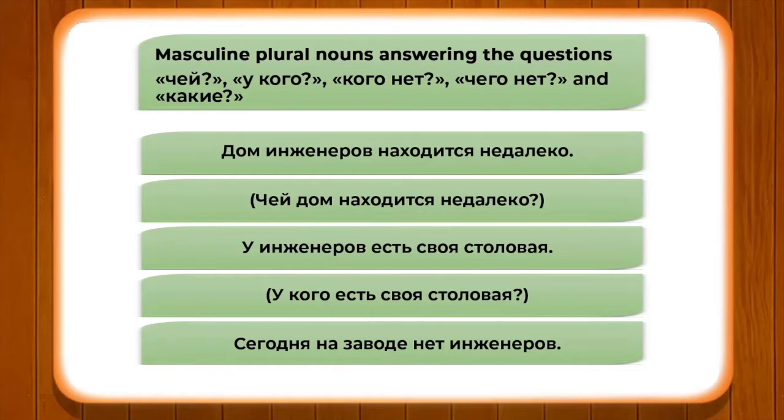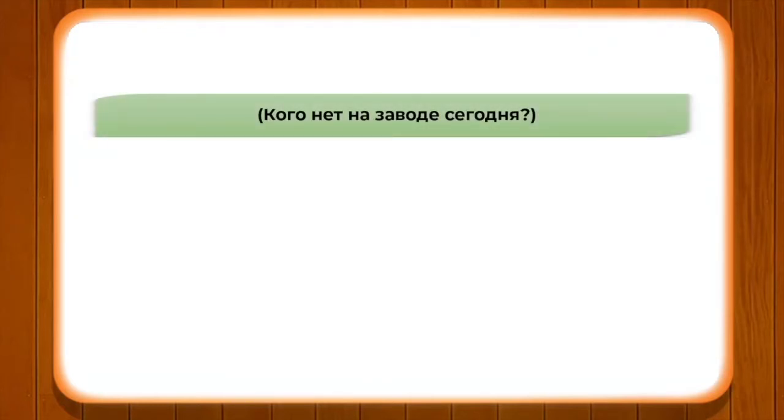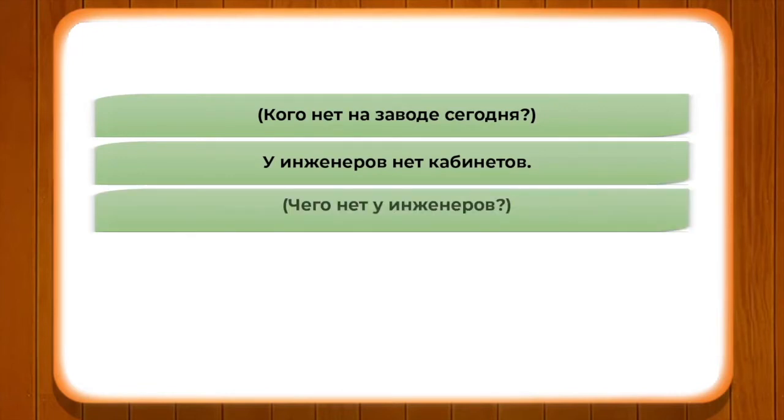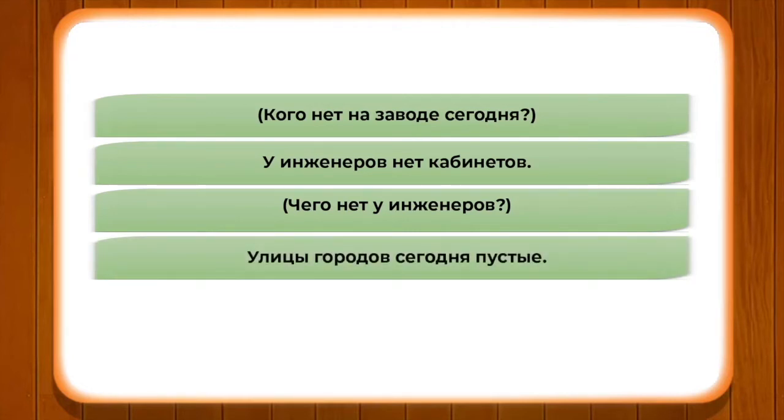Now, let's go ahead to understand it clearly. Кого нет на заводе сегодня? Инженеров нет. The second one is у инженеров нет кабинетов. Чего нет у инженеров? Чего? Because кабинет. Улицы городов сегодня пустые. Какие улицы?